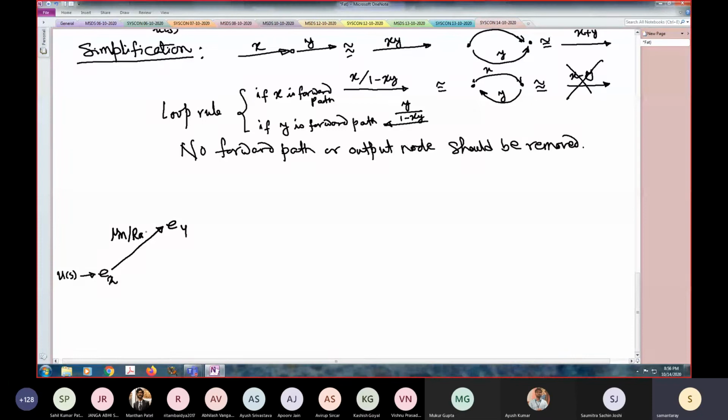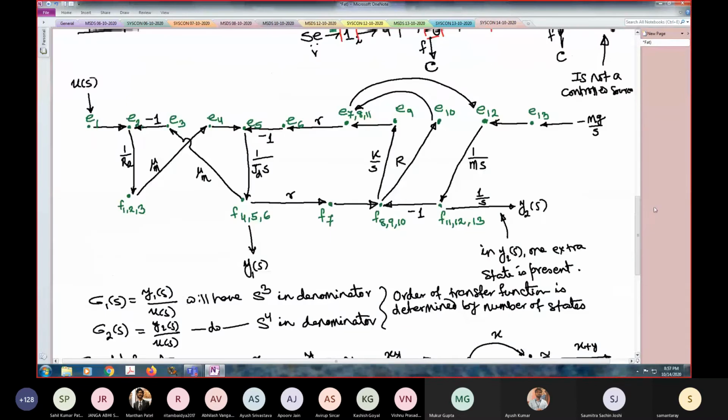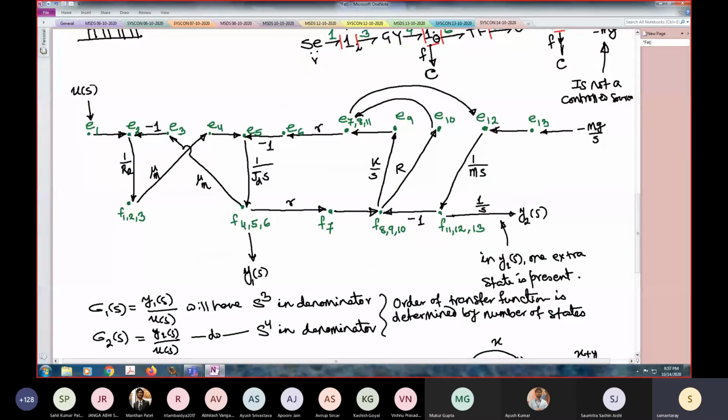Then we saw from F456 to E2, F456 to E2, it is minus mu m. Okay, so F456, E3 we removed, multiplied with minus 1, mu m into minus 1, it becomes E2.